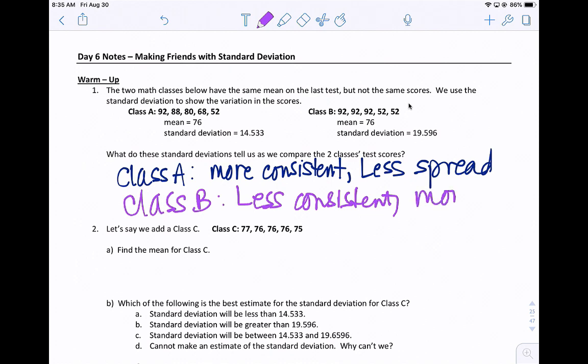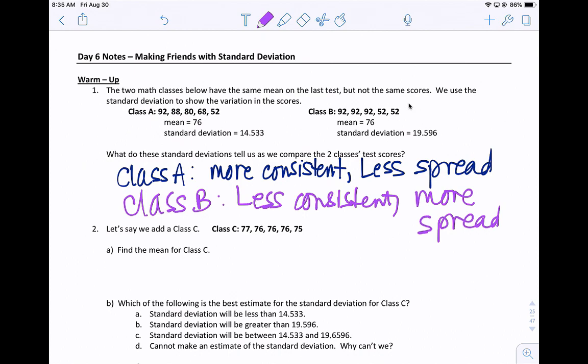They're more spread out. So what you'll need to know is that a standard deviation indicates how consistent you are. Are your scores pretty much the same or closer together, or are they further apart? And that number is the average distance of each data point from the average.